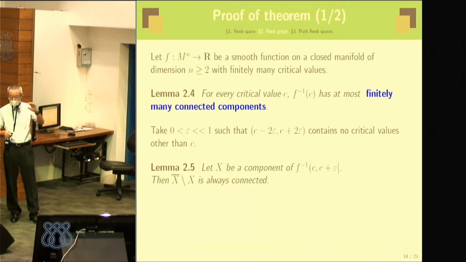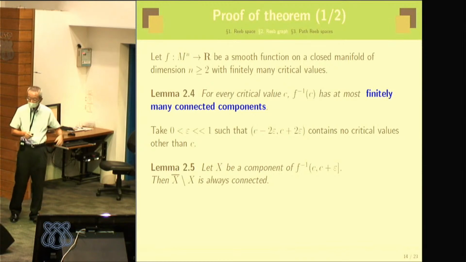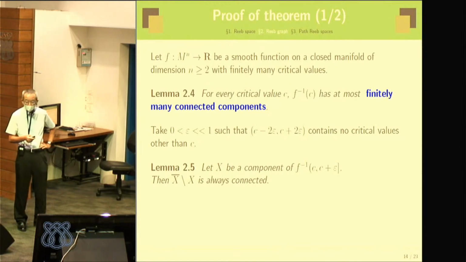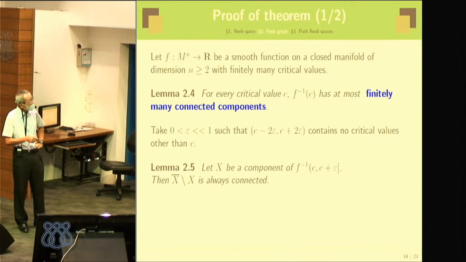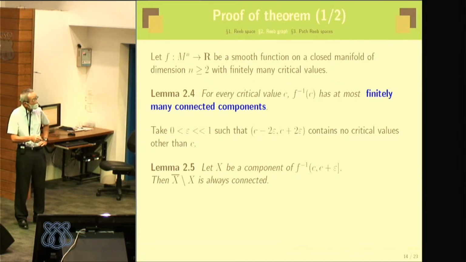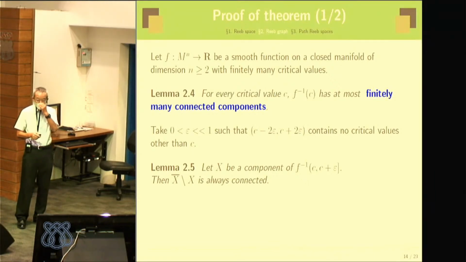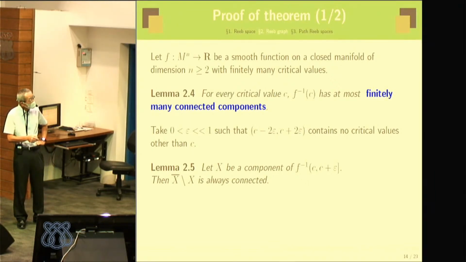Because you have only finitely many critical values, you can find such a small positive epsilon. Then let X be a component of the inverse image of the half open interval [c, c plus epsilon). This half open interval does not contain any critical value, so of course this is a codimension zero submanifold.